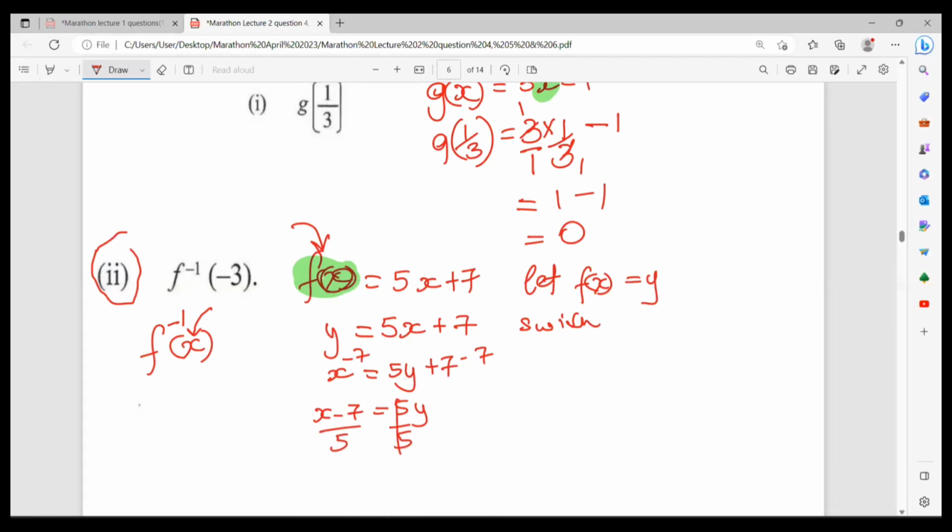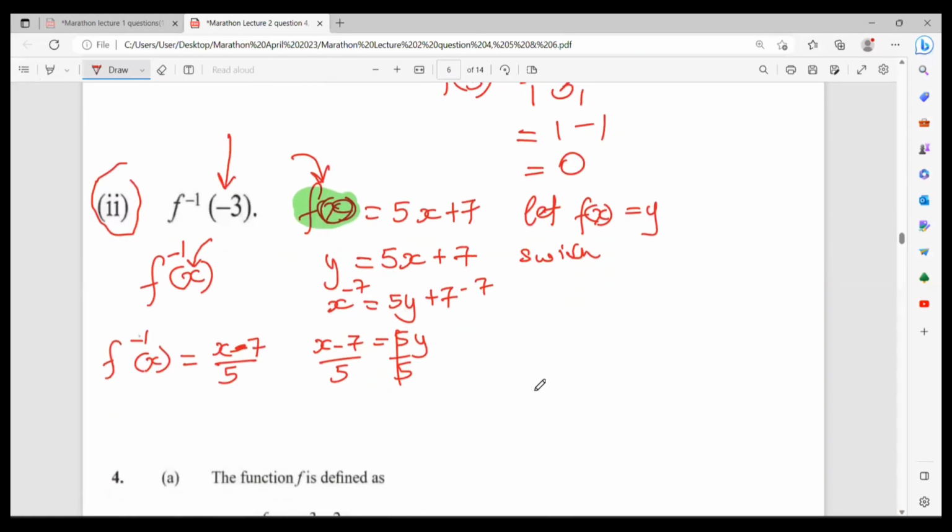So then I could say to you now that the inverse of the f function is x minus 7 over 5. But remember, that's not the answer, because they want you to put -3 in that function. In order to do it, we needed to have the function first. So now that we have the function, all we're going to do is do it.